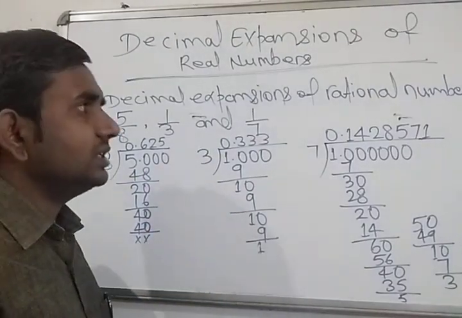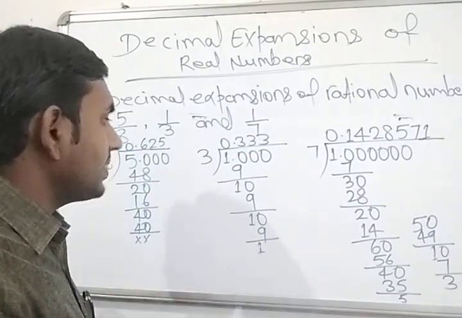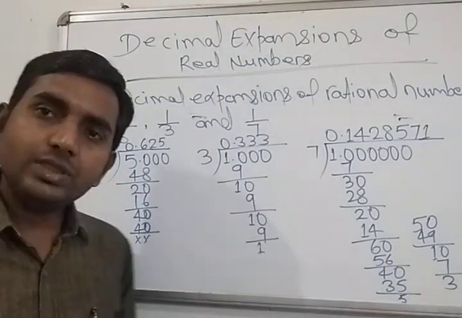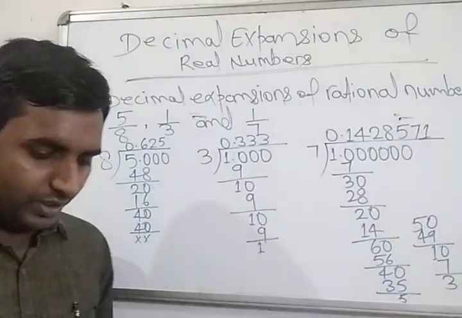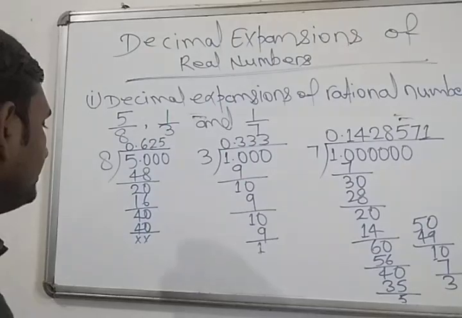Here, in changing rational numbers into decimal expansion, we find some different conclusions. The first conclusion is when the remainder becomes 0. In the first case the remainder becomes 0.